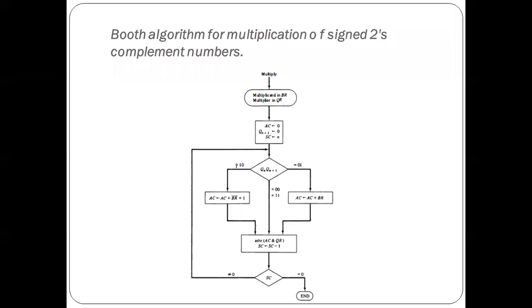For that, we go by arithmetic shift rather than simple logical shift. If the most significant bit of A is 1, then the newly added MSB for the right shift is 1. Otherwise, it is 0. After that, the sequence counter is reduced by 1, and then the procedure is continued till the end.